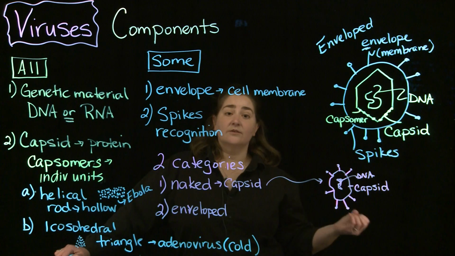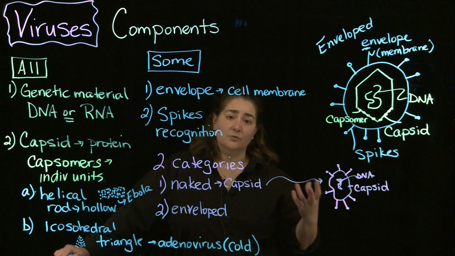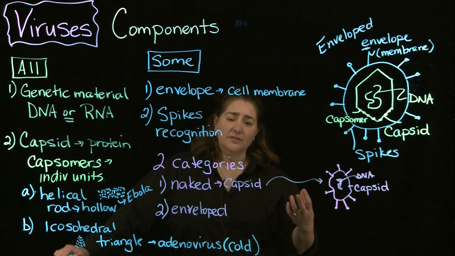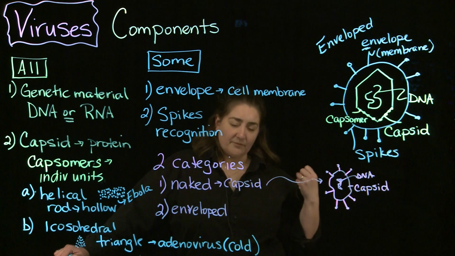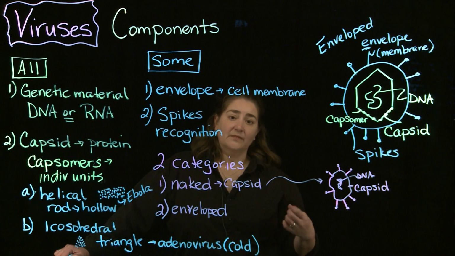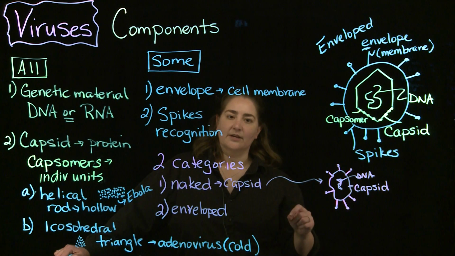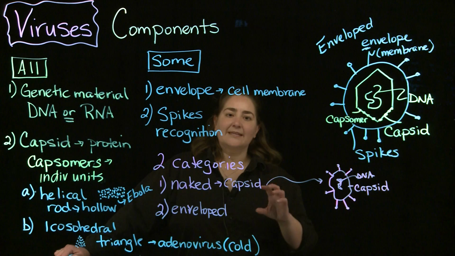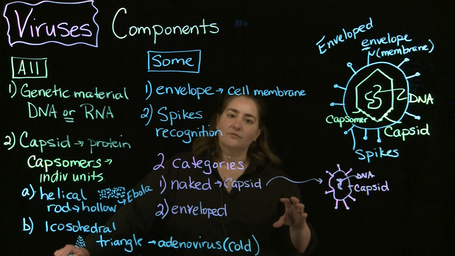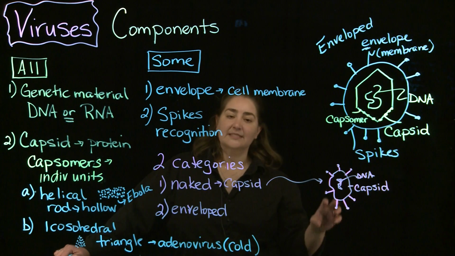There is a third classification of arrangements of the viruses that we're going to talk about, and those are what's known as bacteriophage. Bacteriophage are viruses that will specifically infect bacteria, so they're a little bit different. My next video is going to go over bacteriophages and how bacteriophages infect bacterial cells.